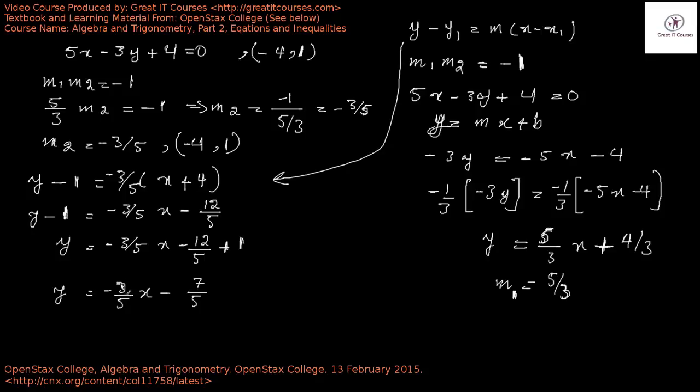So this line is now in the proper form. y is equal to minus 3/5 x minus 7/5, and that is your answer.